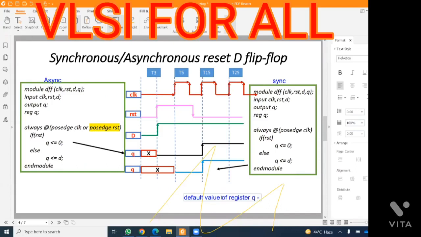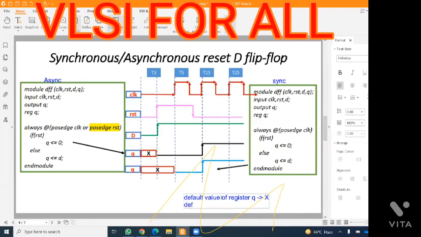One is saying X, one is saying 0. Okay. It's actually X. That is the default value of a register, because if we are not initializing it to any value like 0 or 1, it will hold an X.